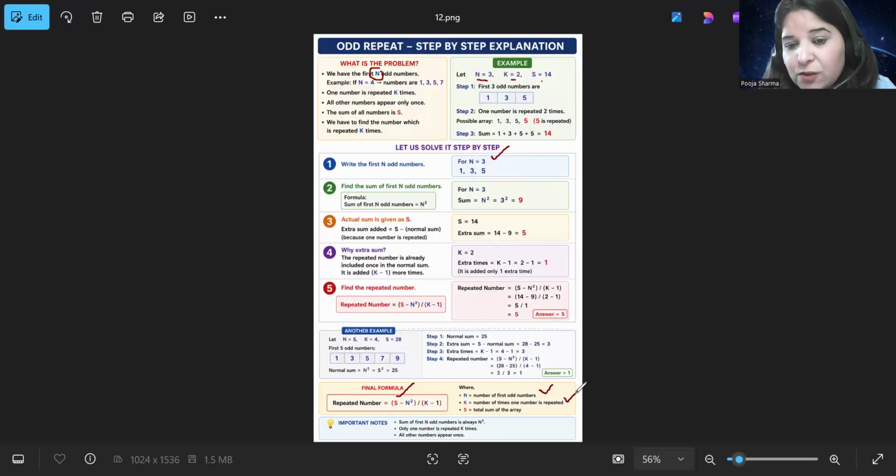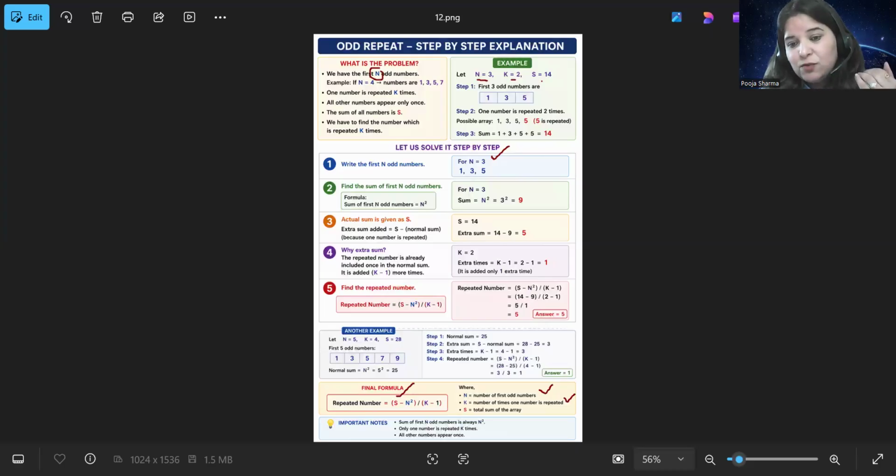And S is the total sum of the elements. So if you have a sum and you have the value of k, that is, how many times an element is repeated, that you need to find out. And n is the number of elements, right? So these are the 3 things given to you, and you need to find the solution.